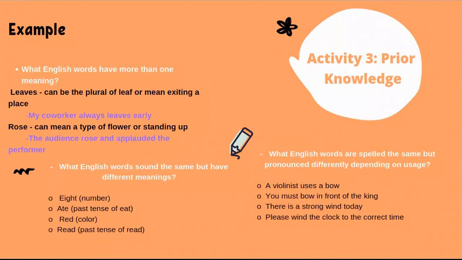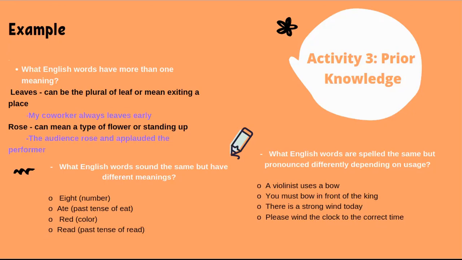So, for this activity, the activity number 3, prior knowledge, we have 3 types of questions. The first one, what English words have more than one meaning? As an example, lives. This word can be the plural of life or mean residing in a place.